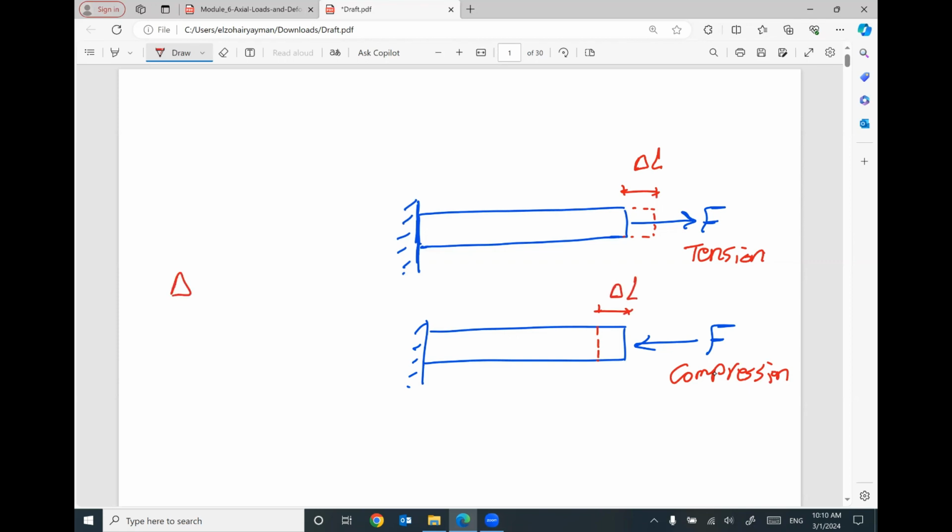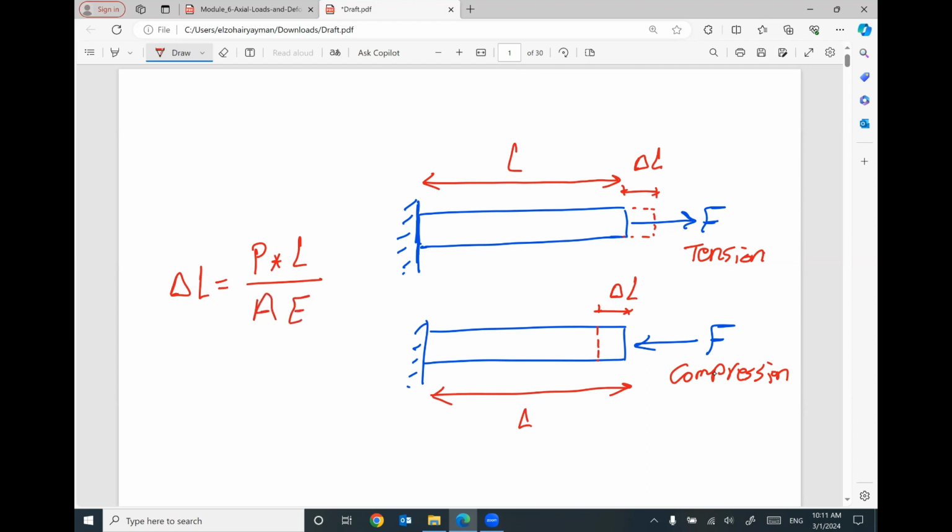This delta L will equal the applied force times the original length of this member, divided by A, the cross-section area of the member, times E, Young's modulus of the material of this member. Does that make sense?